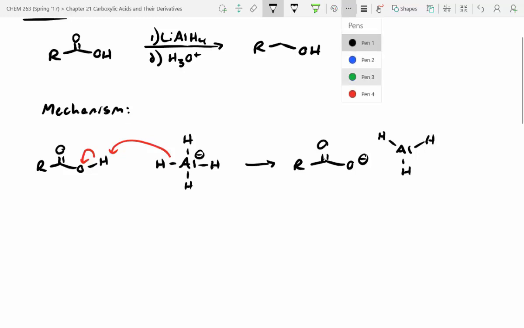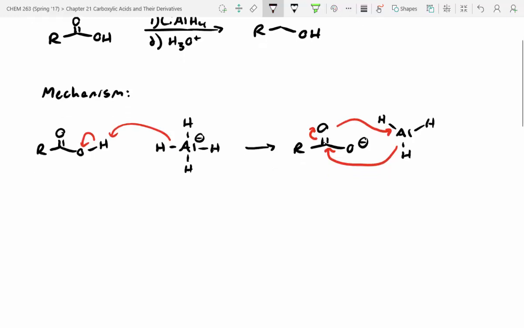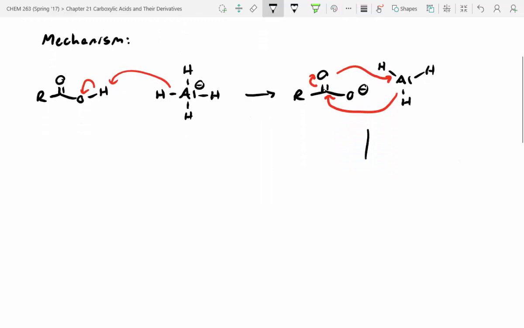The aluminum is actually going to, the hydride is going to attack in. This pi bond is going to kick up, and then the oxygen is going to attack the aluminum. So it goes through this funky pathway. Yeah, it does seem counterintuitive, but I'll show you why there's evidence to support this.